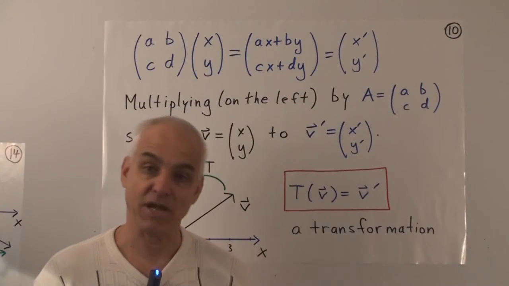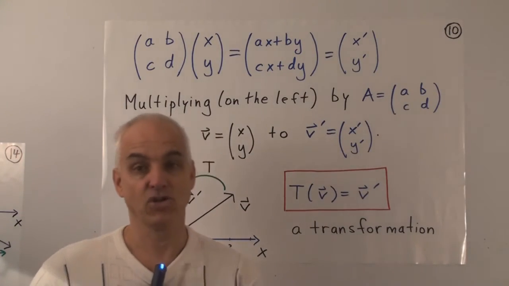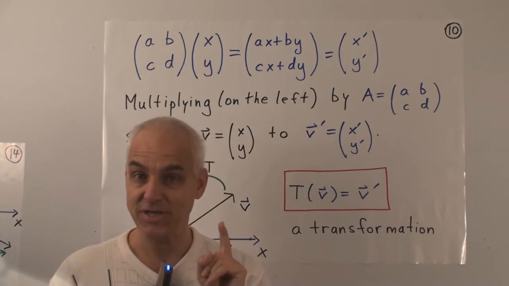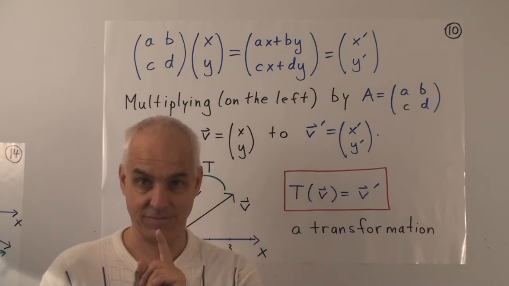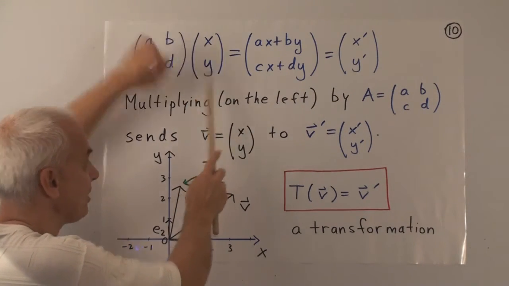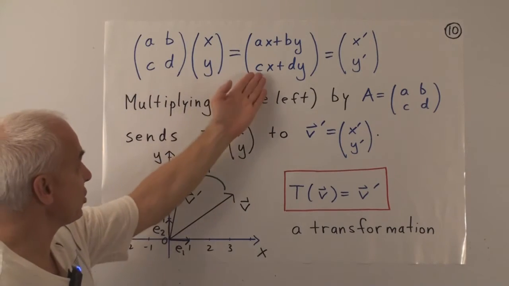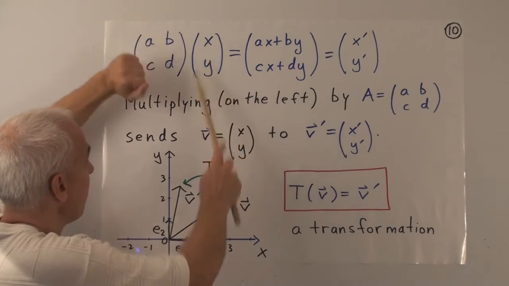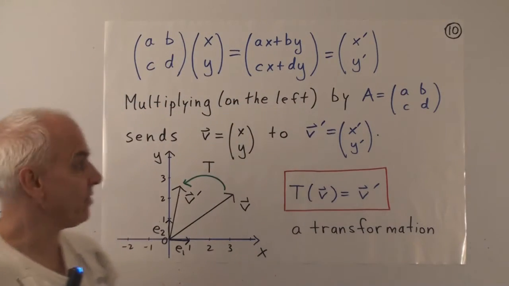The relation between matrix multiplication and two-dimensional geometry comes about when we remember that a matrix can multiply a vector. So here's a matrix and here's a vector. And when we multiply them, this is the definition, we get ax plus by over cx plus dy, another vector.